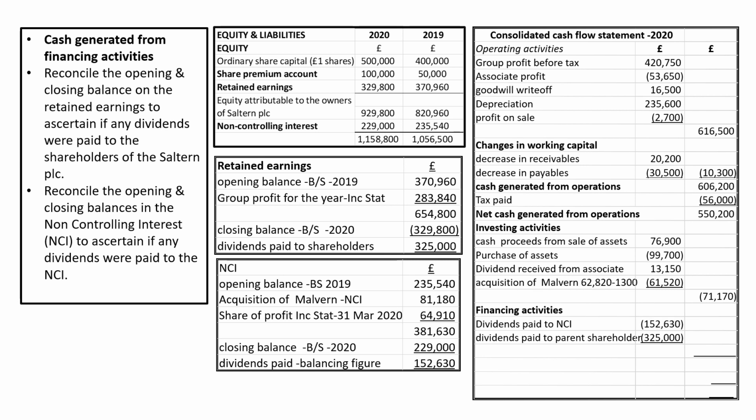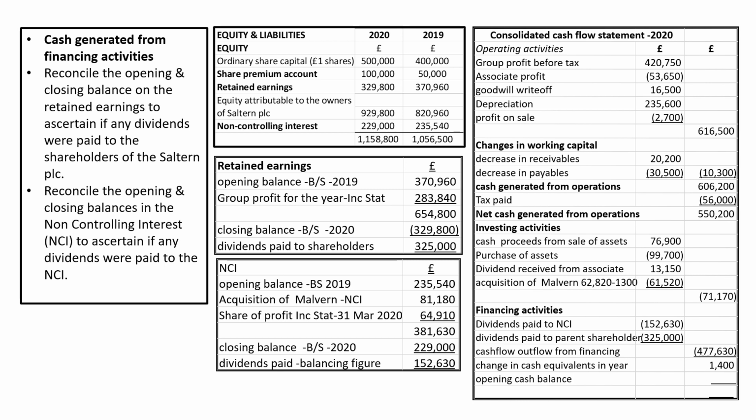We then total up the financing activities, which gives us a cash outflow of 477,630. And once we've done that, we then net off the cash generated from operations, the cash generated from investing activities, and the cash generated from financing activities, which gives us a change in the cash equivalents in the year of 1,400.